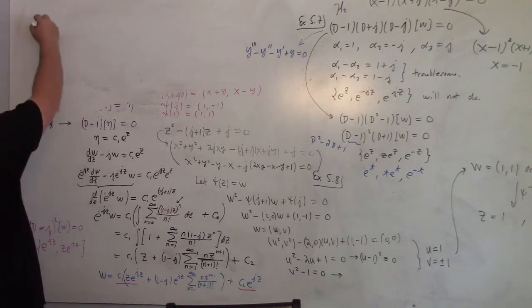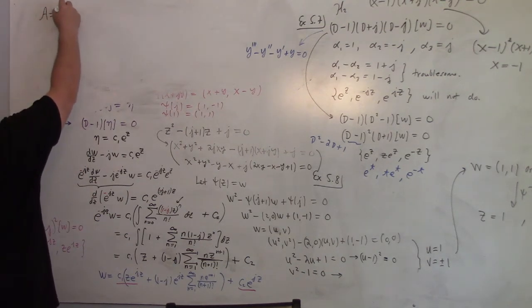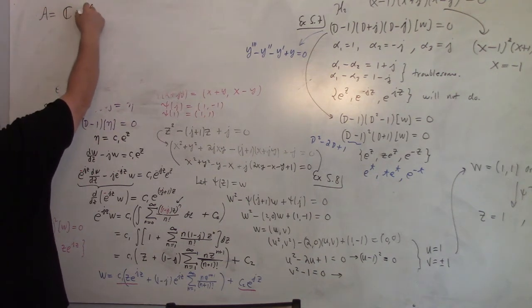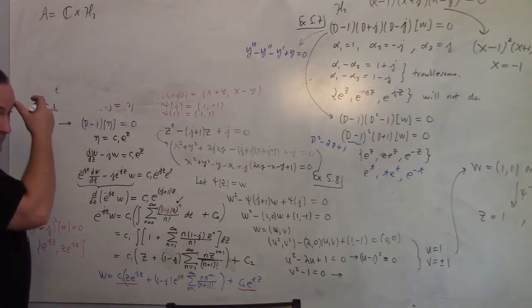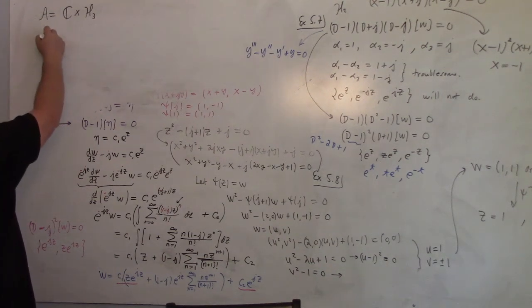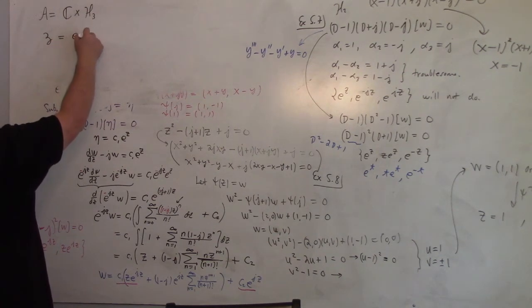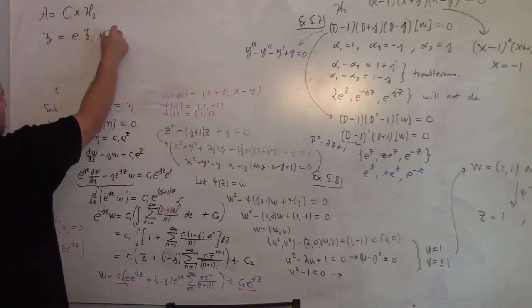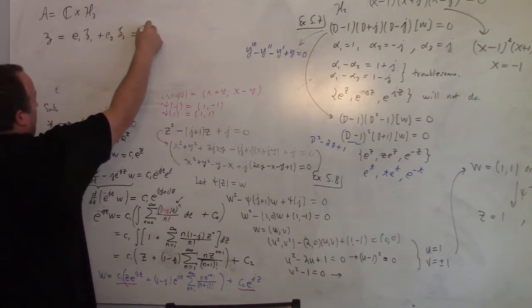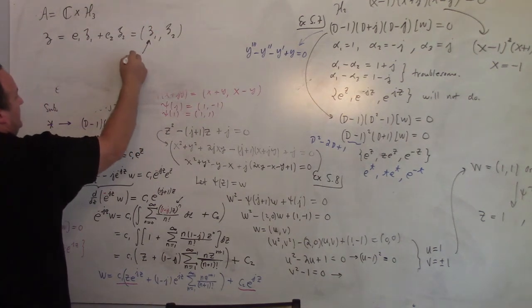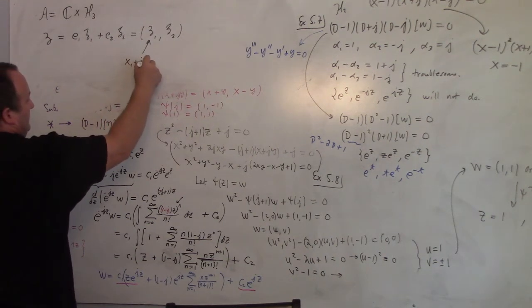Say my algebra was something like complex cross H3. Then the variable in the algebra, zeta, can be written as E1 zeta 1 plus E2 zeta 2, or if you like, the pair zeta 1, zeta 2, where zeta 1 is something like x1 plus i x2.